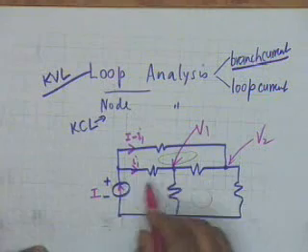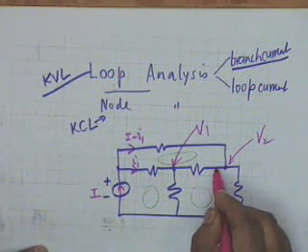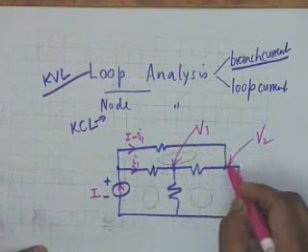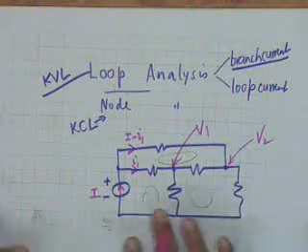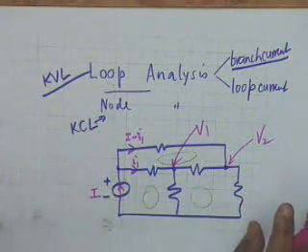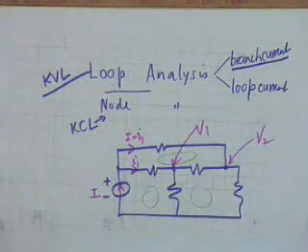Similarly, I1 comes here, breaks up into 2 portions. Similarly, I minus I1 comes here, combines with this current and flows through this. So, you write all the branch currents. Then you have to write only 2 loop equations. Is the point clear?